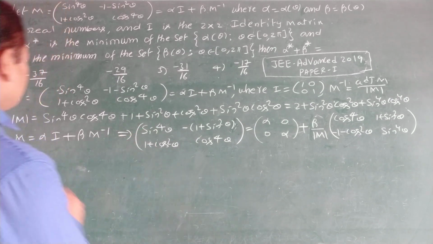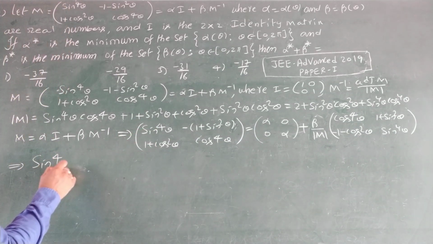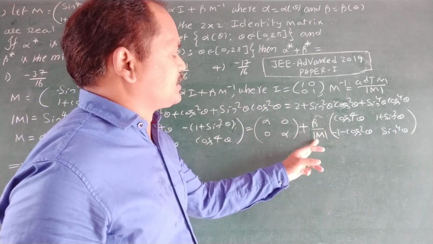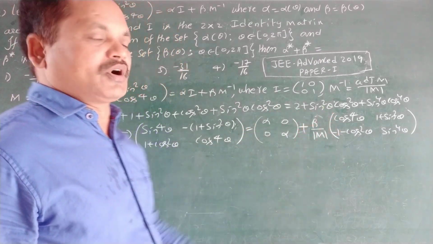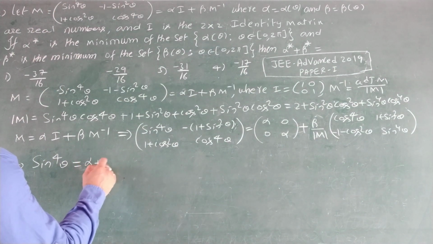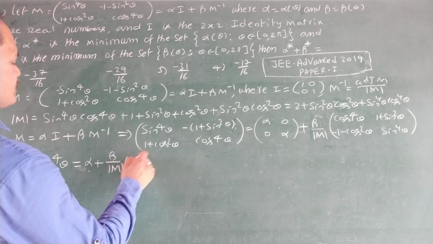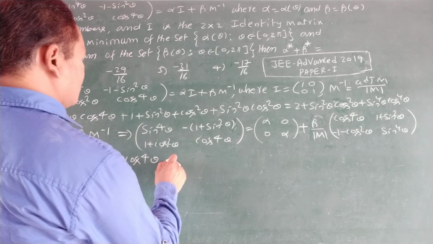Now here it is sin^4 θ equals (α + β)/det M into cos^4 θ. This is one relation.